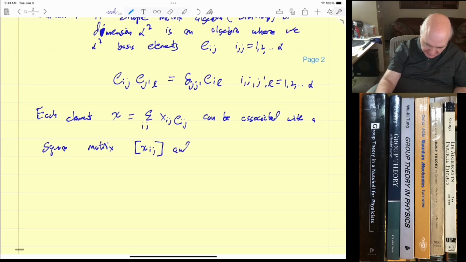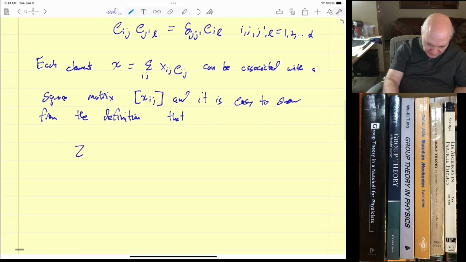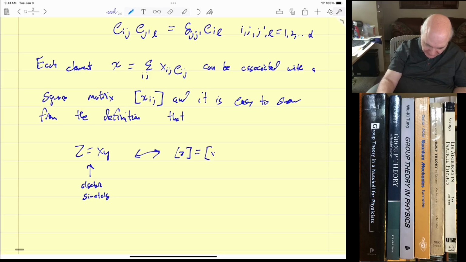And it is easy to show from the definition that if we multiply elements of the algebra, z equal xy, elements of the simple matrix algebra, this occurs if and only if the matrix Z is equal to the matrix X times the matrix Y, or Z_ik, using the usual definition of matrix multiplication, is the sum over j of X_ij Y_jk.